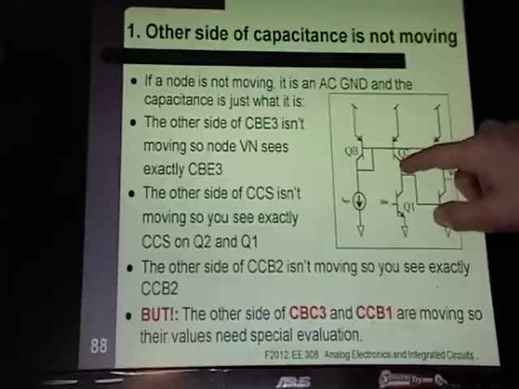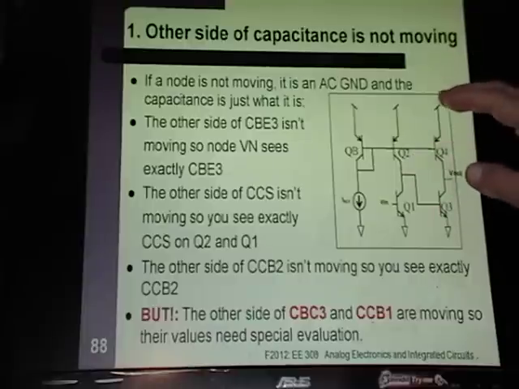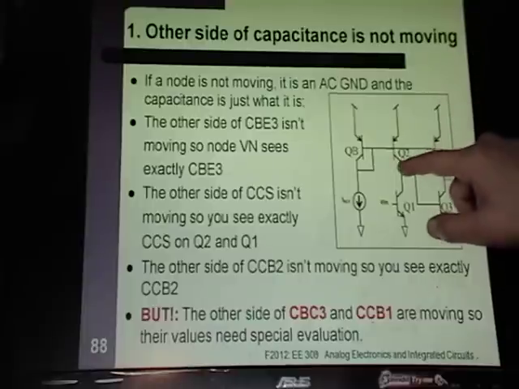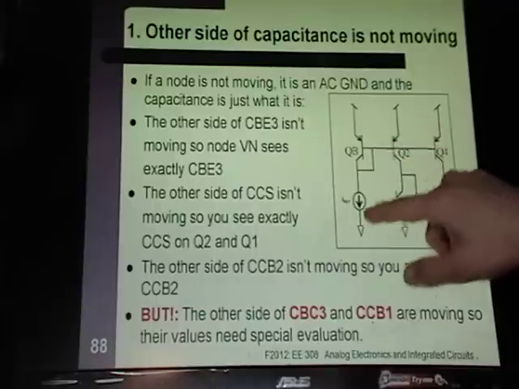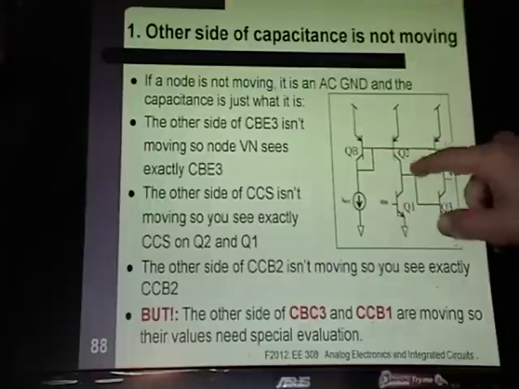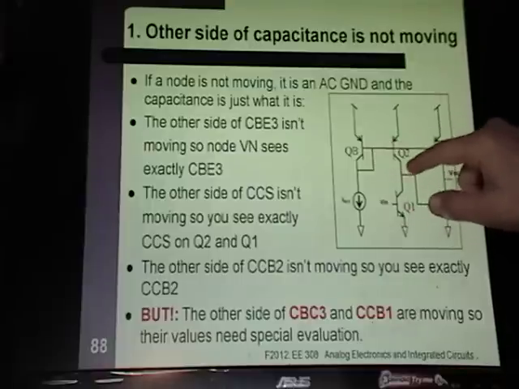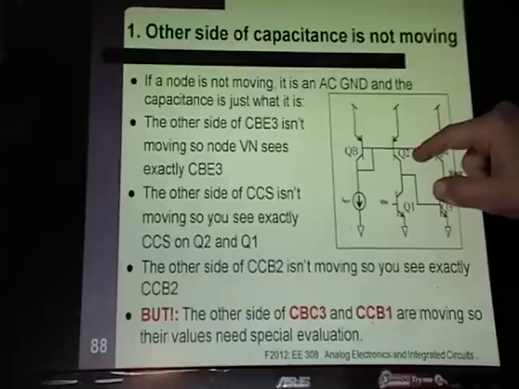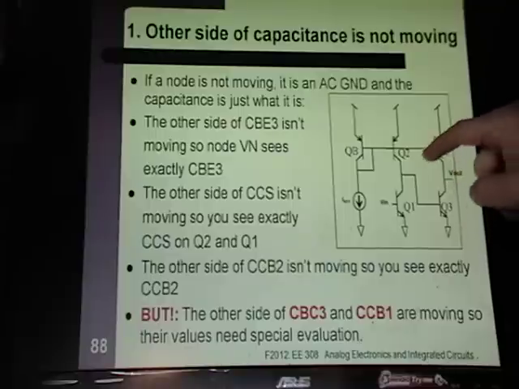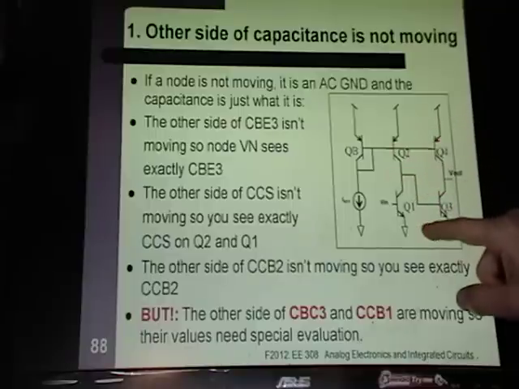So collector substrate, that's just whatever the value is. Okay, let's see. How about a collector base? The base comes off of the biasing circuitry, so that's DC too. So both of those are connected to AC grounds, virtual grounds, and I just use the values of the capacitances.